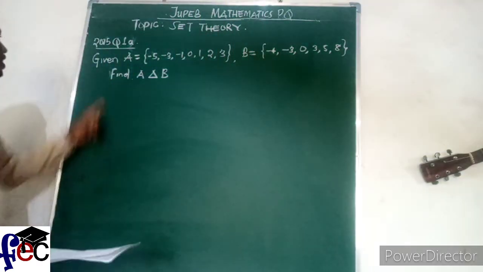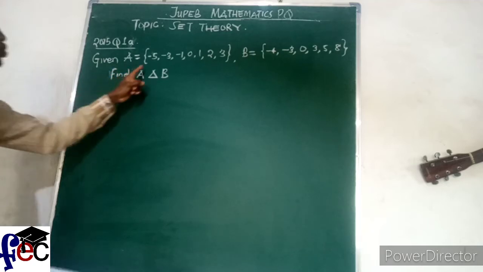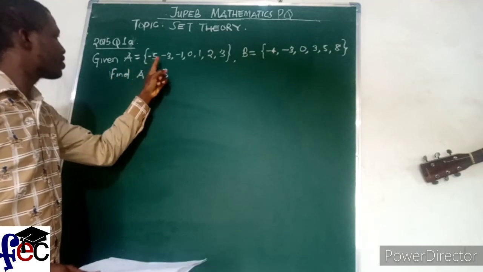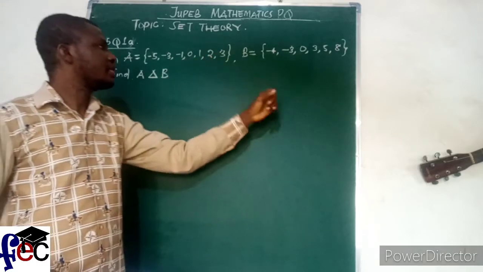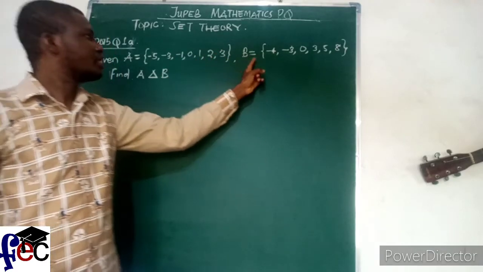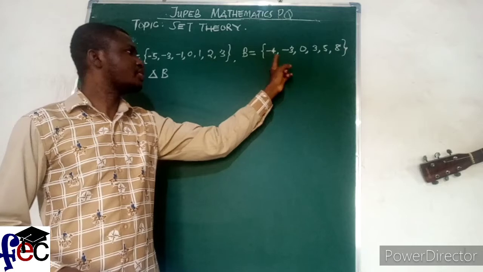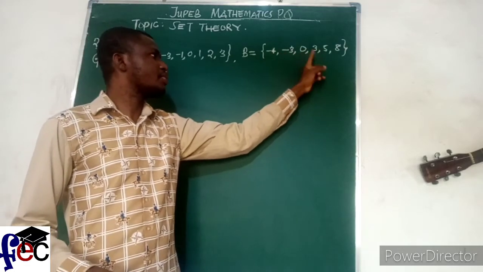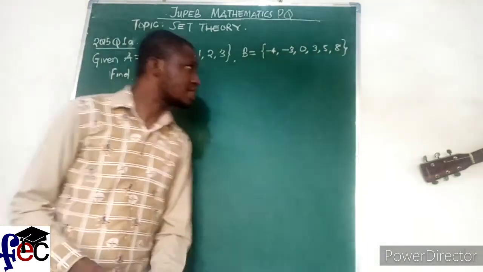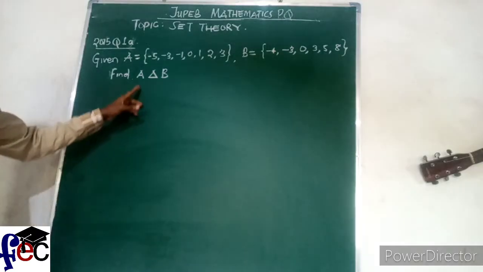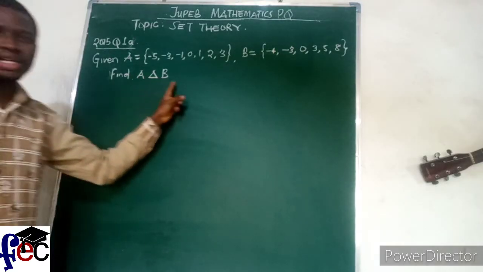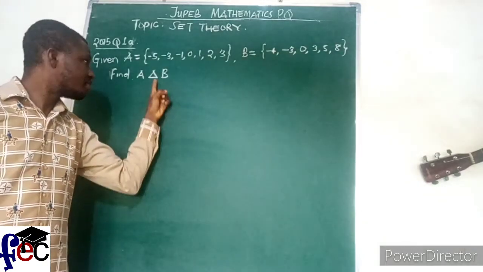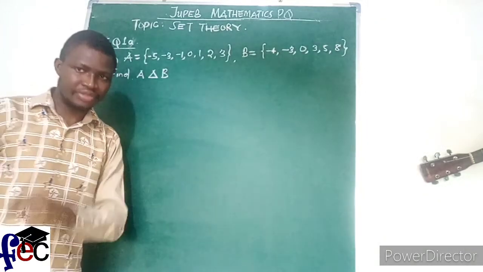The question says that given A equal to the set of -5, -3, -1, 0, 1, 2, 3, and B equal to the set of -4, -3, 0, 3, 5, 8. Find the symmetric difference of A and B. This symbol stands for symmetric difference.